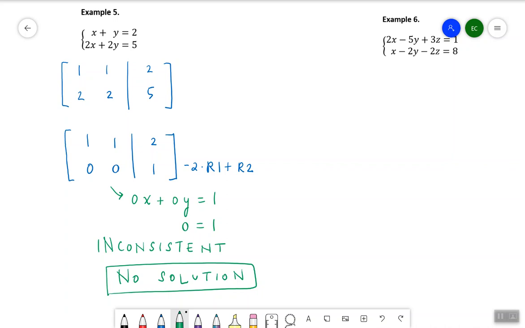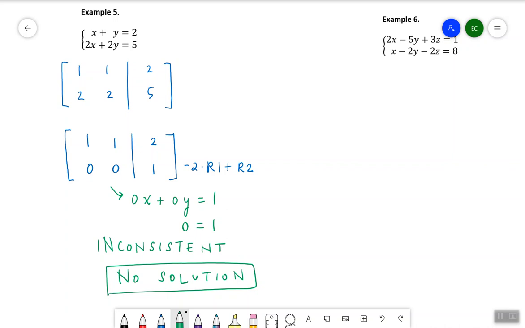And so we can't make a 1 here without undoing the work that we already did. It should be clear that that's reasonable. When we look at the equation, we see the system is inconsistent. It's not going to be possible to make it consistent by doing some other operation.